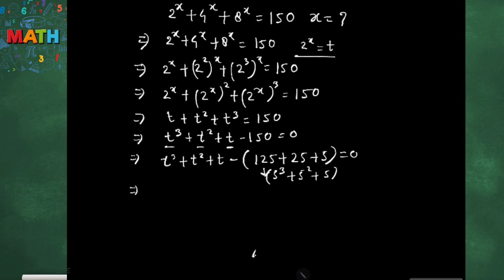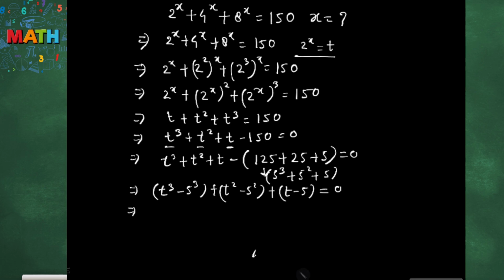So we can simply rearrange it: t cube minus 5 cube, because this is whole minus, plus t square minus 5 square plus t minus 5 is equal to 0.